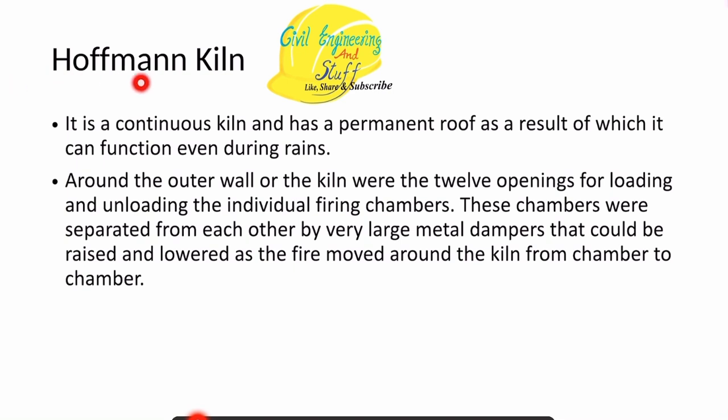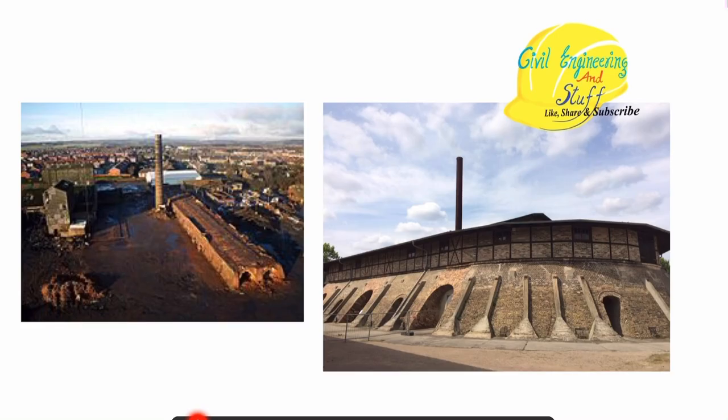In the Hoffman kiln, it's a very detailed built structure which has a permanent roof over it, because of which this kiln can be worked even in the rainy season. Now this kiln is divided into a number of openings. Usually 12 openings are there. So basically we have a number of sections divided in the Hoffman kiln.